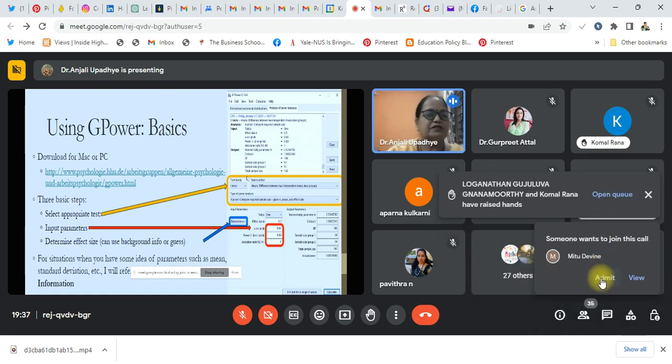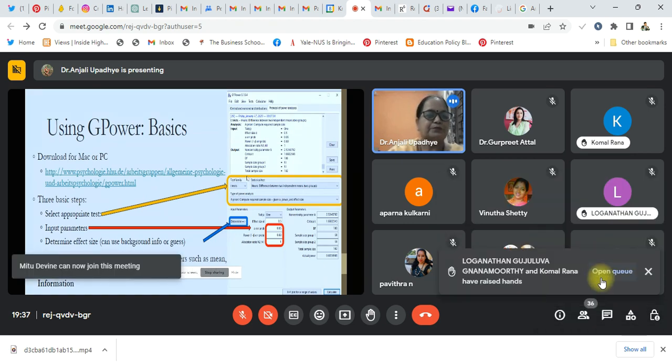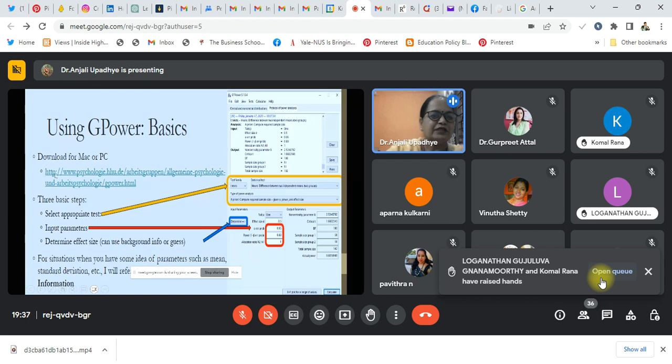Now we are going to discuss how to use our G Power tool. First of all, I need you to understand this is a particular free website to download the G Power tool: psychology.hhu.de.